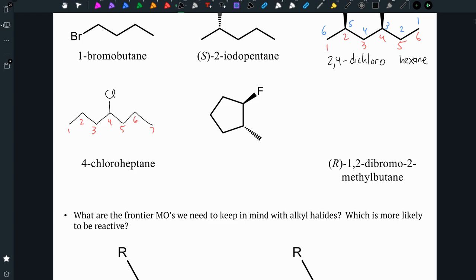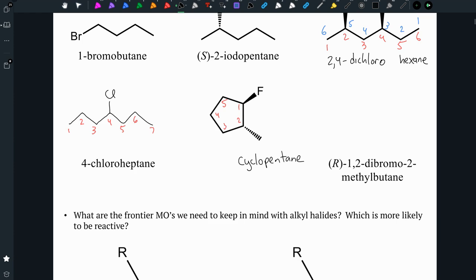Okay. This next one, I have a 5-membered ring. So this would be 1, 2, 3, 4, 5. 5-membered ring, since it's a ring, it's going to be a cyclopentane. All right.